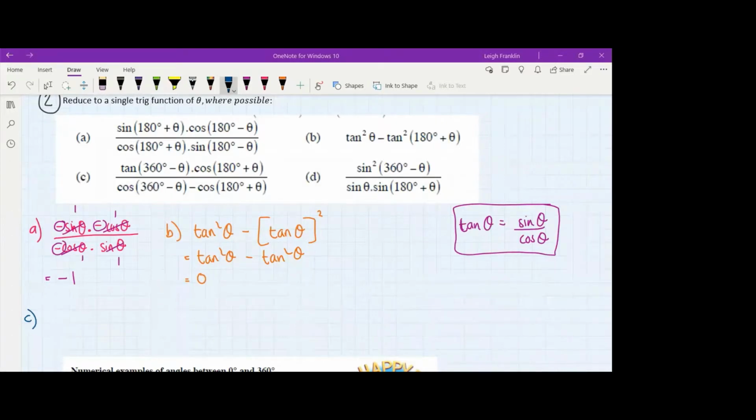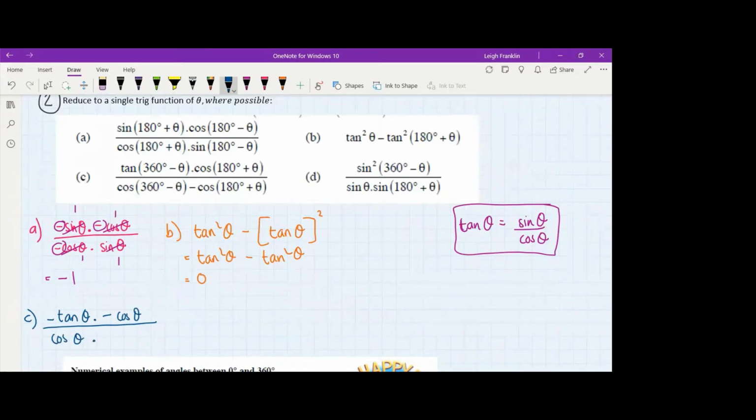Okay, so tan 360 minus theta is quadrant 4. So this reduces to negative tan theta. Cos 180 plus theta, quadrant number 3. So this reduces to negative cos theta, divided by cos 360 minus theta, quadrant 4. So this reduces to positive cos theta.